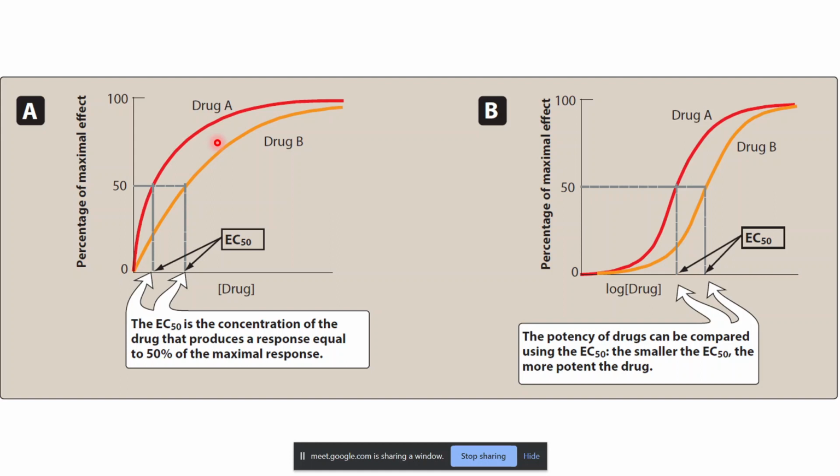Plotting the magnitude of response against increasing dose of a drug produces a graded dose-response curve. So this is that kind of curve, and usually the shape of this curve is a hyperbola. So it is a hyperbolic function.